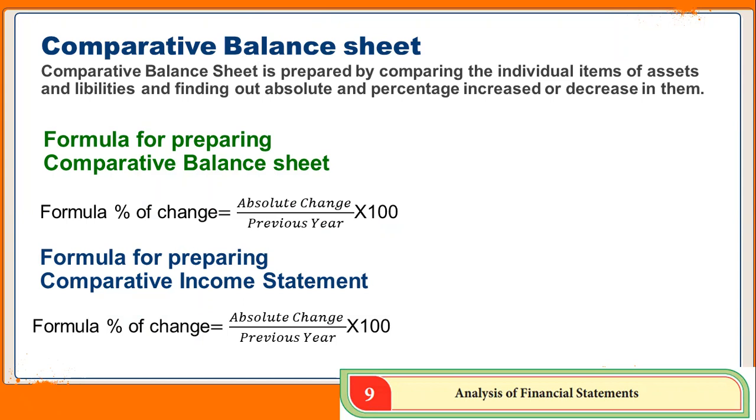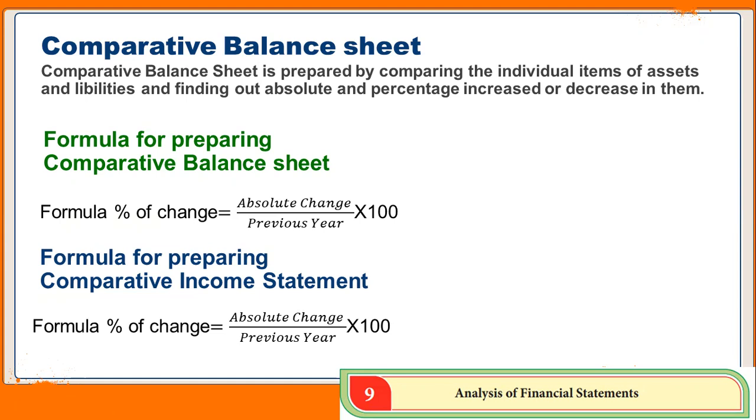The balance sheet throws light on change and progress made in respect of each item of assets and liabilities. Its main purpose is to measure the short and long term solvency position of the business.